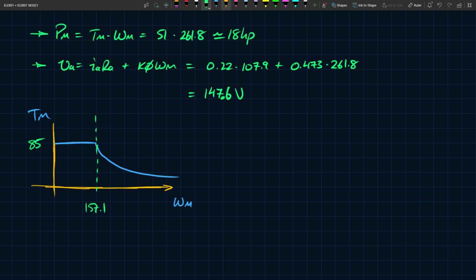But when we have a certain operating point, let's say somewhere like this, as we're operating at 2500 revolutions per minute, in other words 261.8, you have to decrease this. Again, you have to follow this characteristic, right?